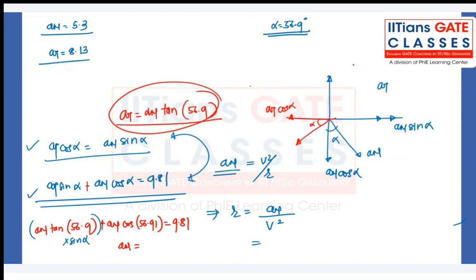Tell me the value of AN. So the same comes from 5.3 only. You are getting 5.3? Okay, so you'll get AN equal to 5.3, and from that calculate the value of r. 5.3 divided by 91.6.